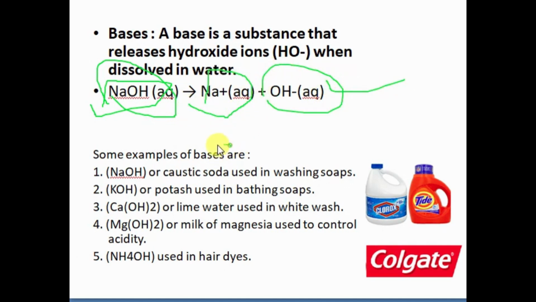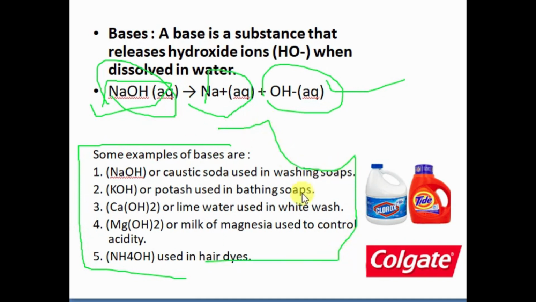These are some examples of bases which you use in your daily life. Washing soap we use daily, that's an example of a base. Bathing soaps have KOH present in them, so that is a base. Ca(OH)2 is lime, that is a base.